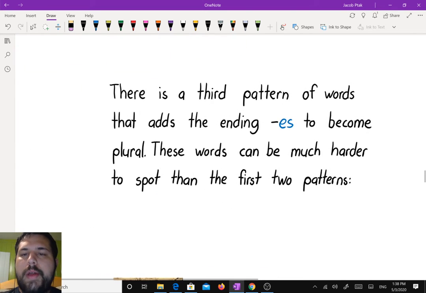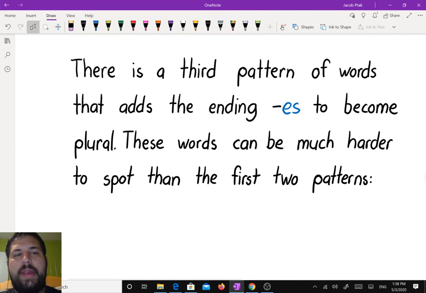Okay, so those two I think were pretty easy for the most part to see. If it had an A, all you have to do is add the letter E. Puella, puellae. Femina, feminae. If it had an US or an R, you add the letter I. Vir, viri. Puer, pueri.